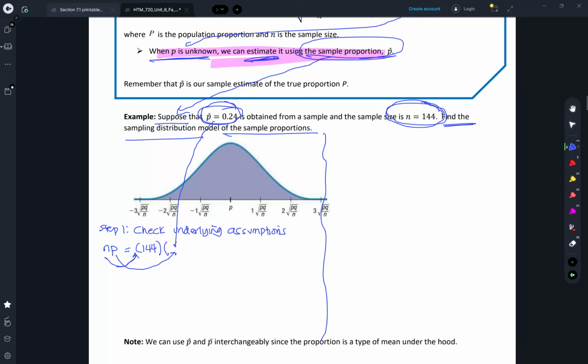So I'm going to replace this with p-hat. Let's estimate this: n is known, so we keep n as is. p is unknown. We estimate it using p-hat. So that will be n, which is 144, multiplied by the sample proportion, 0.24. And that will give us about 34.56, which exceeds 10. We like that.